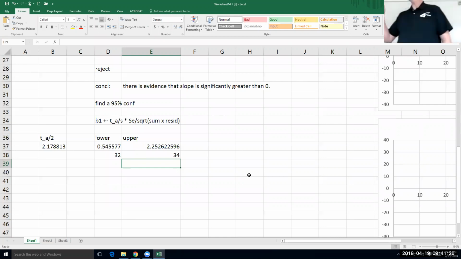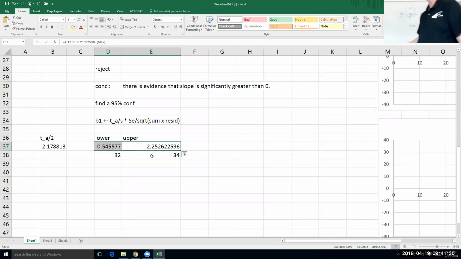So when you're making your confidence interval, your point estimate, unless it's a chi-square, well, I don't even know how to make an F confidence interval. I don't think they exist. But chi-square you could. But if it's a Z or a T, your point estimate should be smack dab in the middle. So 1.3991 clearly is not in there.